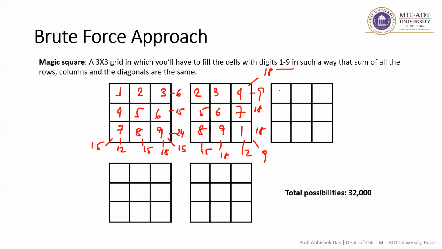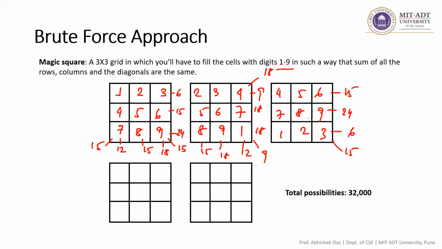So let's try another combination like 4, 5, 6, then 7, 8, 9, then 1, 2, 3. Again, what we're going to get is 4 plus 5 is 9, 9 plus 6 is 15. And then over here you're going to get 24. Over here you're going to get 6, right? Over here, 4 plus 8 is 12, 12 plus 3 is 15.